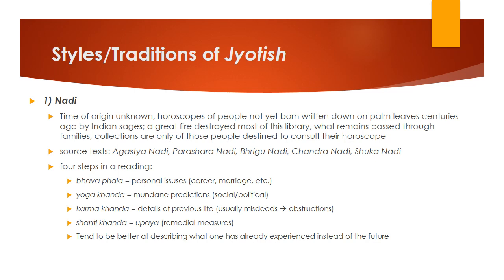So if you show up and you're 35 years old, your horoscope, if you have one in this library, will say things like, oh, you've gone through this level of education, or you have this kind of career, or you've been married, or the marriage is no longer for various reasons, or you have a certain number of kids and that sort of thing. But when you show up as a 35-year-old, it would not necessarily be so helpful in determining what your life is going to be like when you're 50 or 60 or something like that. All right, so that's Nadi Jyotish.